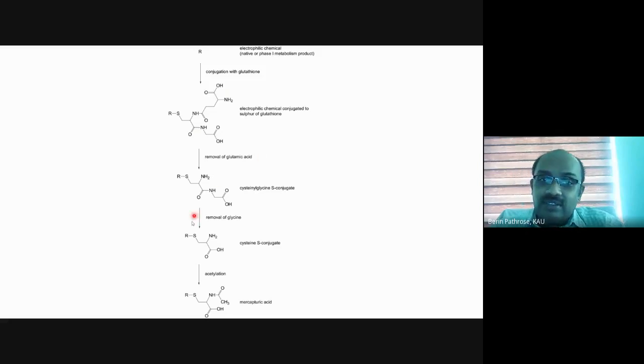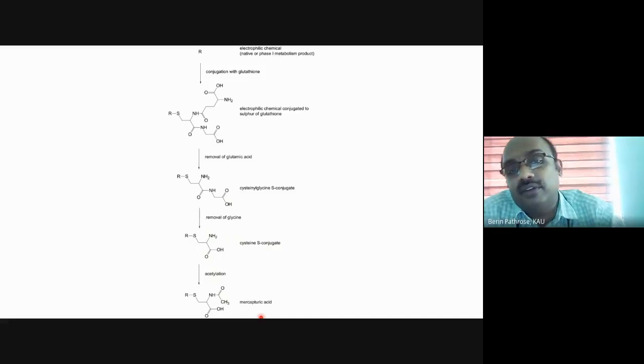And the next step is the removal of glycine. You can see this is glycine. This glycine will be removed in the next step. See, glycine is removed and leads to the formation of a cysteine S conjugate. This is cysteine, which is conjugated with the pesticide.